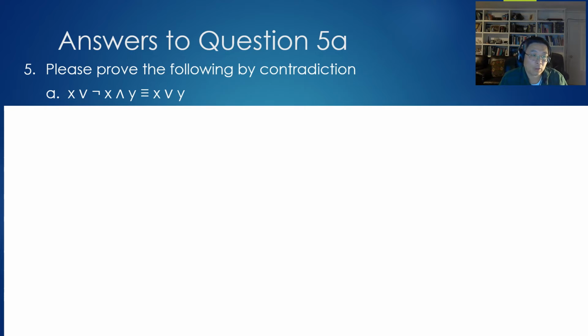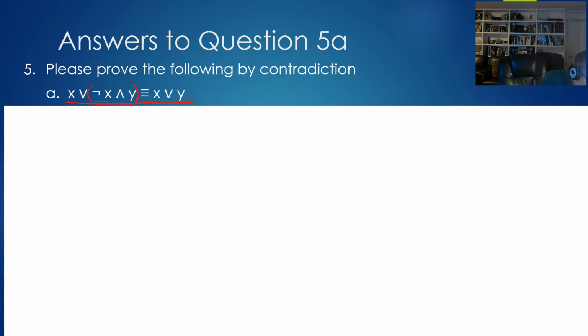Okay, let's take a look at problem 5a. It's the same expression, but we try to prove it by contradiction, not using the truth table. We just want to show that the left side is equivalent to the right side, but this time we use contradiction.